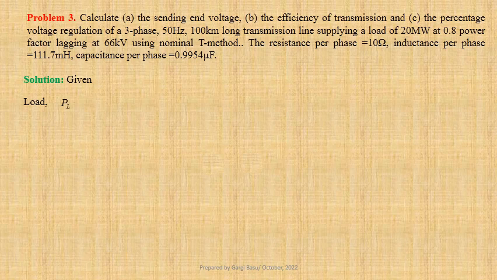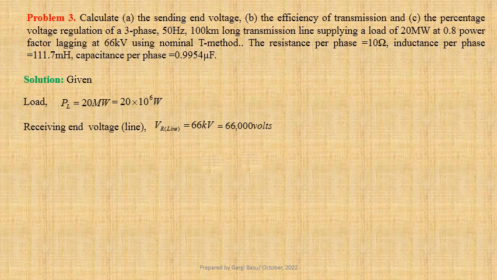Load PL equals 20 megawatts, that is equal to 20 into 10 to the power 6 watts. Line to line receiving end voltage VR line equals 66 kilovolts, that is equal to 66,000 volts.